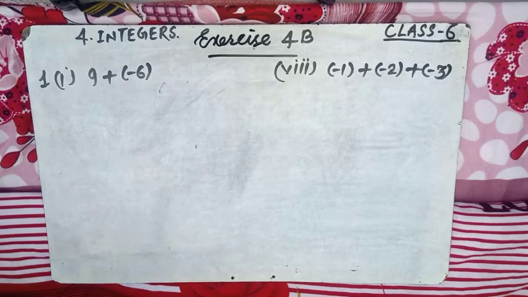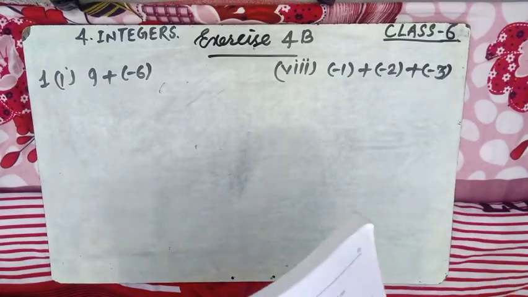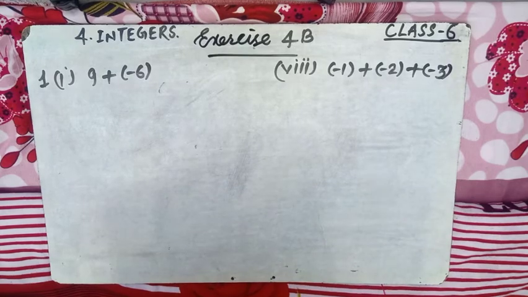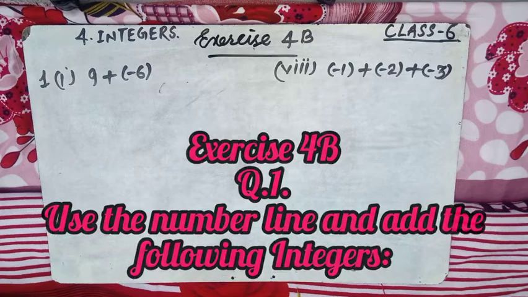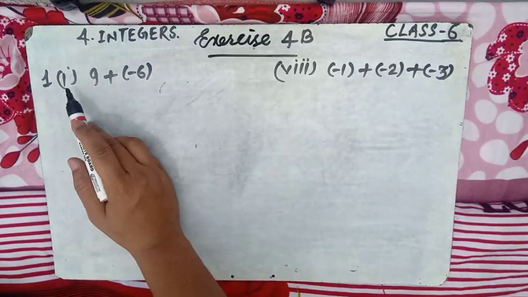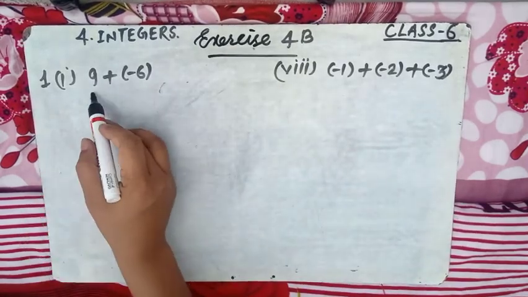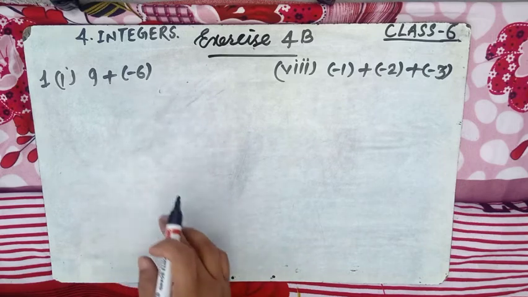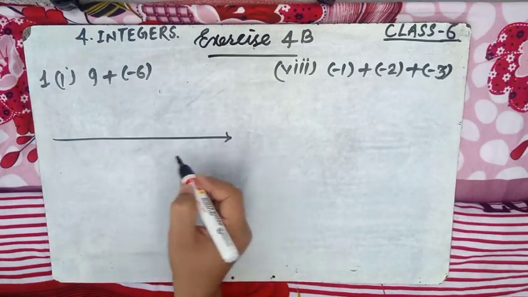The question says, use the number line and add the following integers. We have two sub-questions here. First, we have to solve this with the help of the number line. First of all, draw the number line.